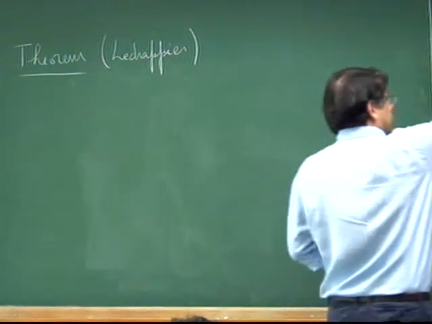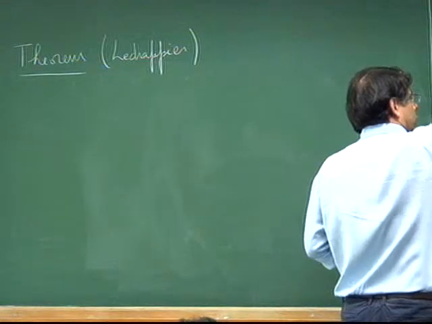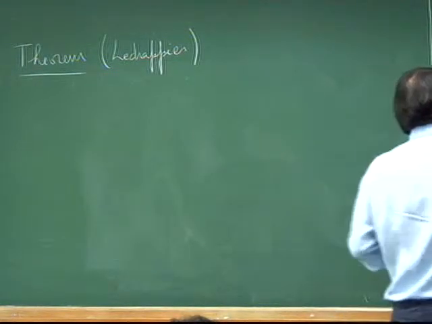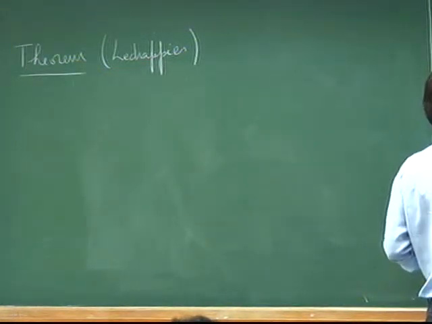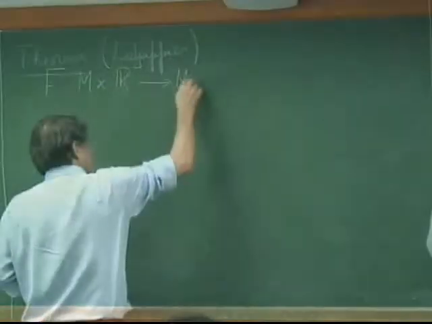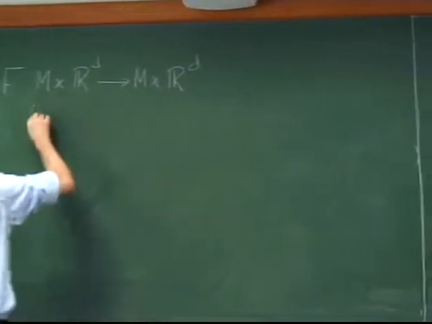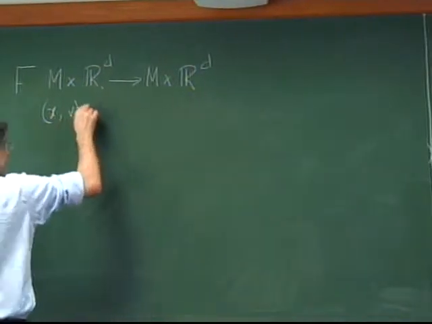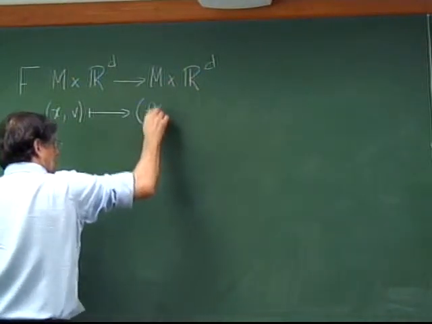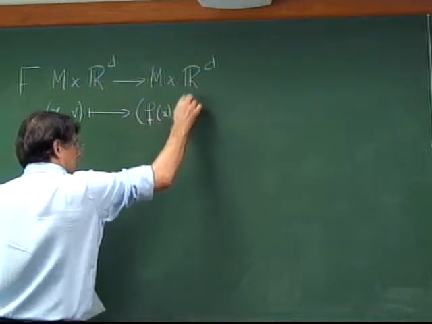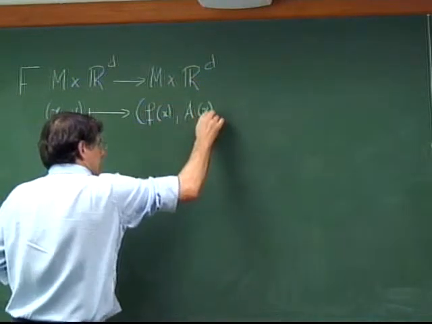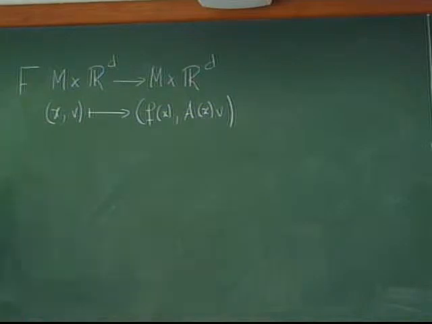So the setting is the usual setting, F from M to M, A from M to R^d, except that in what follows it will be very important to consider this is a linear cocycle.